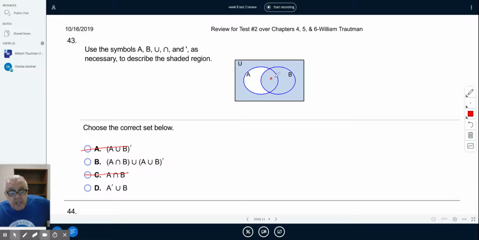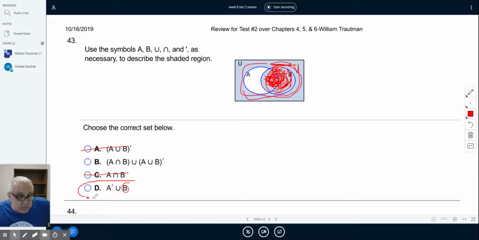Let's look at D. I'm going to shade everything in B. And everything that's not in A. Do you see? This is not in A. And all of this is not in A. So that looked like it worked.